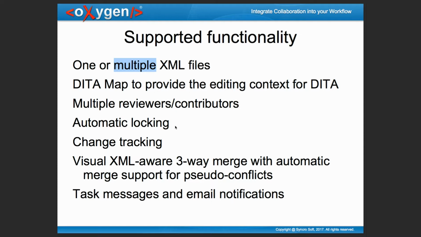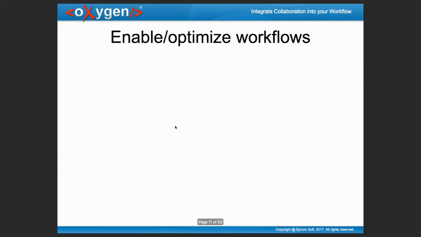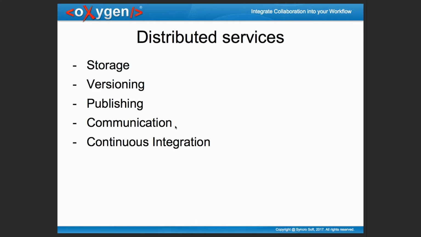But then you can take it on premise, and then you can control everything, and just use it with the web author, which in its turn enables and optimizes a number of workflows for collaboration. And I will try to go into some of those workflows. In general, these workflows are created by connecting different distributed services, like storage, versioning, publishing, communication, continuous integration services.